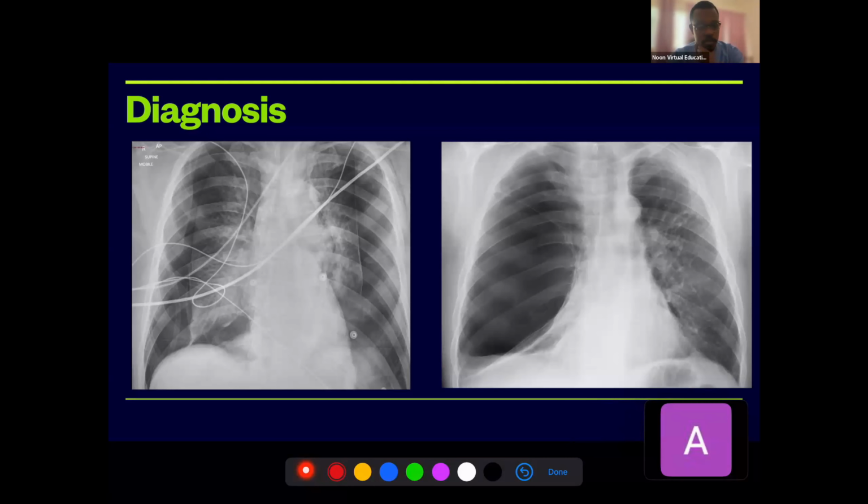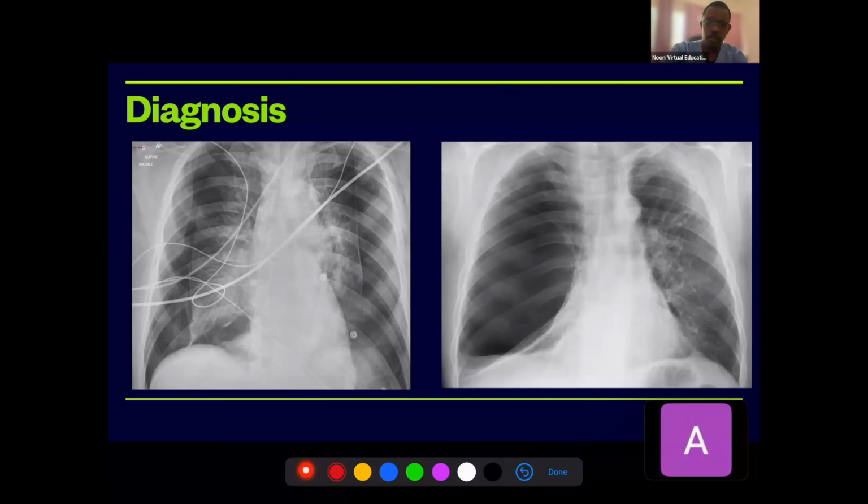This is very important, because we said in the first image the deep sulcus line is very specific to the pneumothorax. You need to know about it. You need to memorize it. So in the pulley, there is no deep sulcus line.